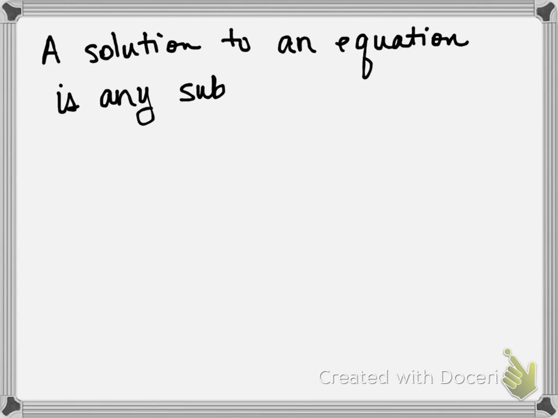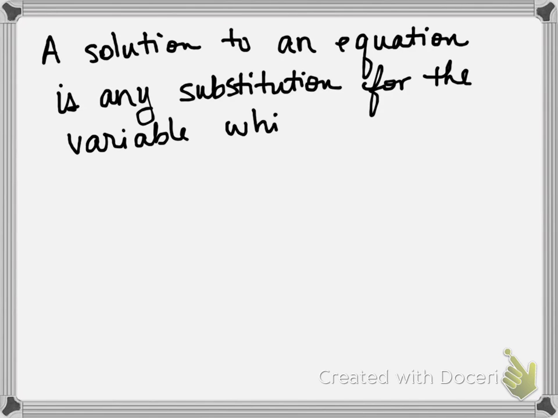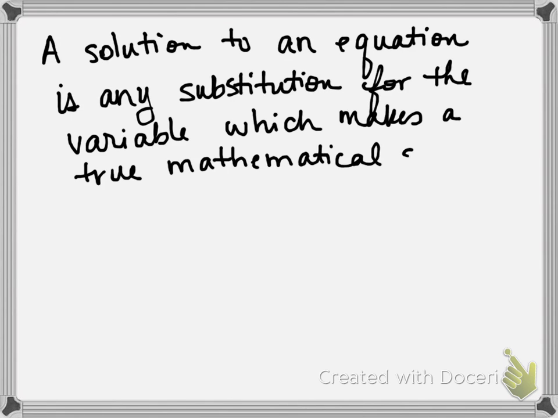So let's talk about solutions to equations. A solution to an equation is any substitution for the variable which makes a true mathematical statement. Remember, variables are letters that are placeholders for an unspecified value.